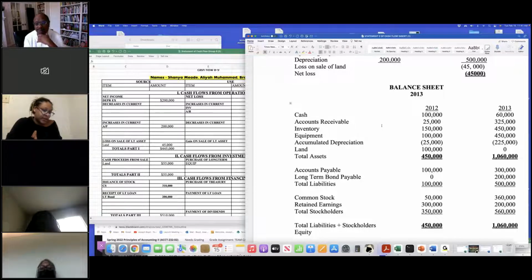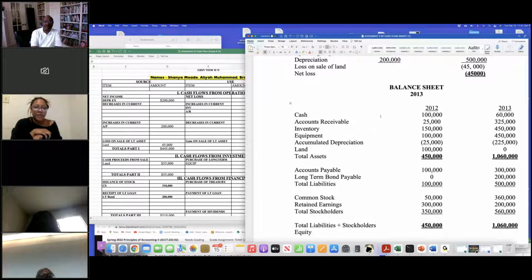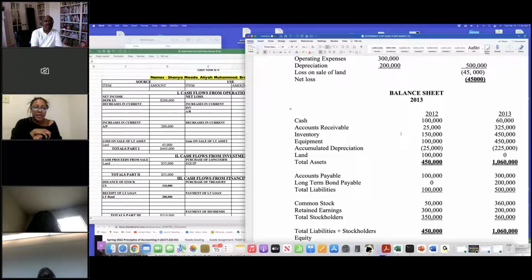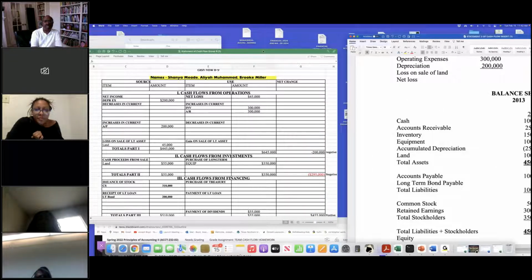and that's where I got kind of iffy. I had worked through it. I was kind of confused. But when we have a loss on land, and it was like 45,000, I put it on loss on sale of long-term asset. So we take the loss and we put the loss here. If it were a gain, it'd be on the other side.